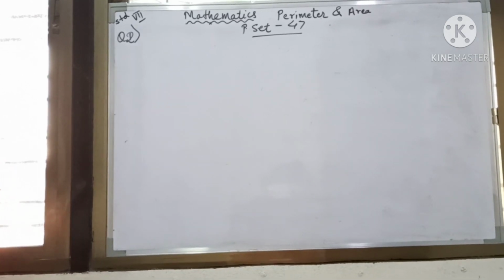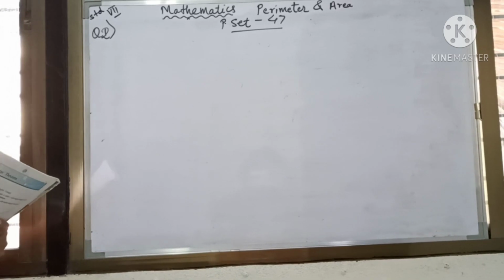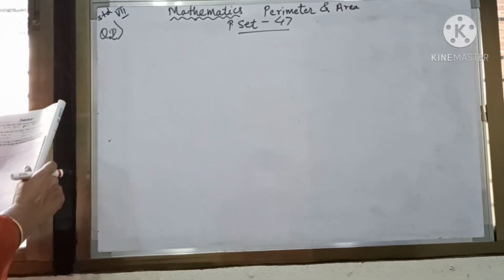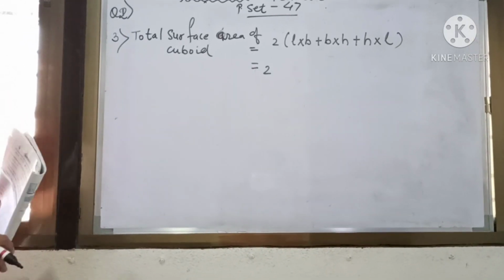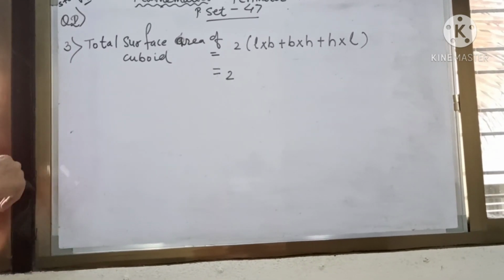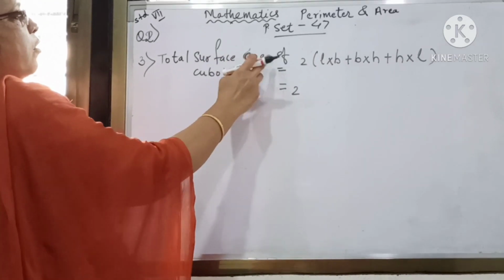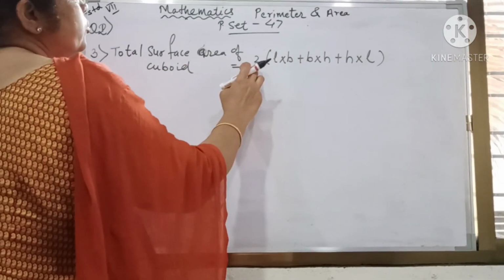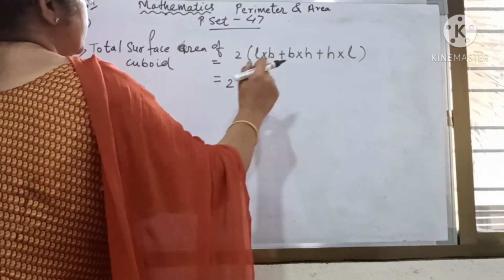You know that matchbox is a cuboid. You know that matchbox, it is the cuboid shape. So for that we will be finding out total surface area of the cuboid, and that formula you know: 2 into length into breadth plus breadth into height plus height into length.